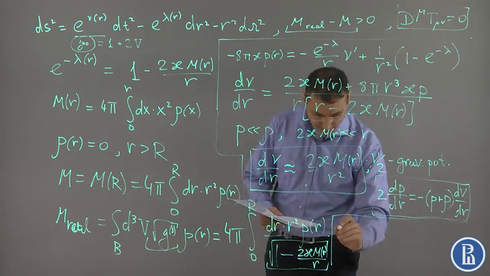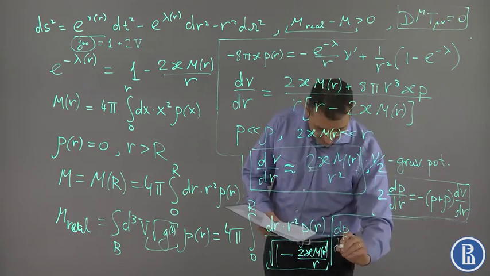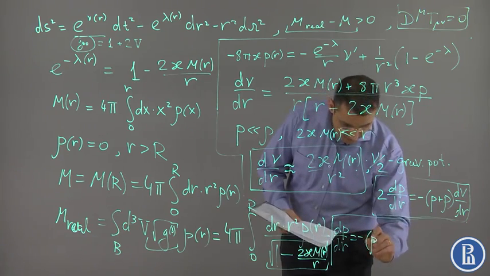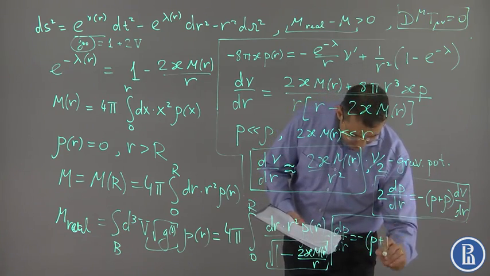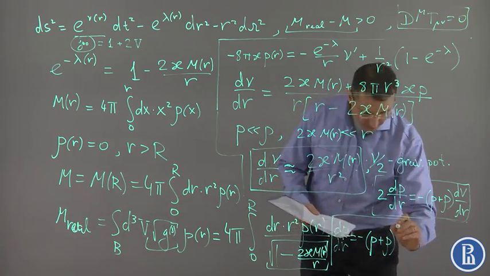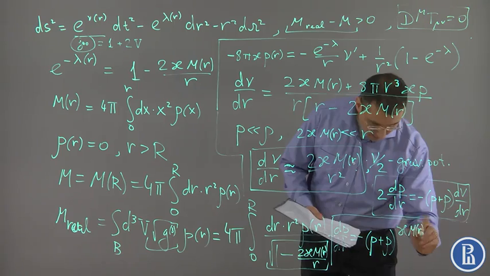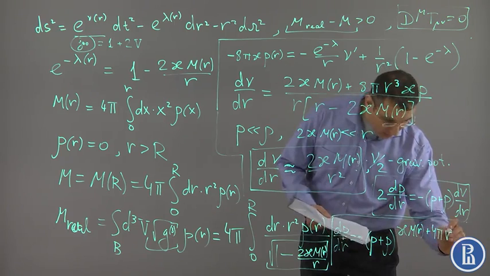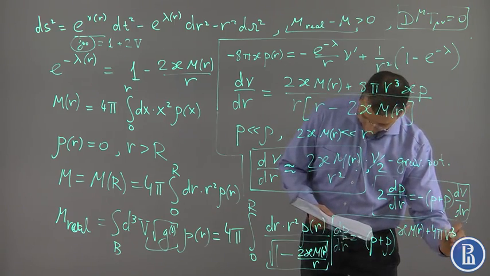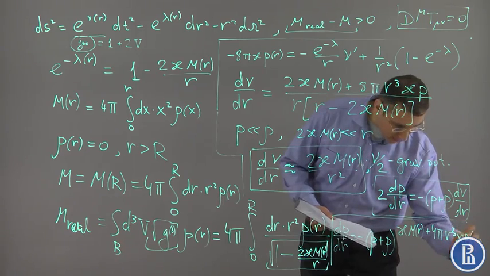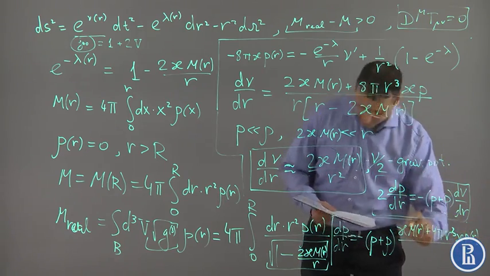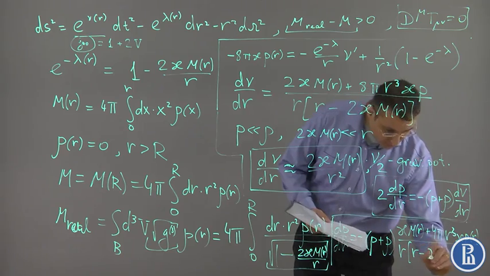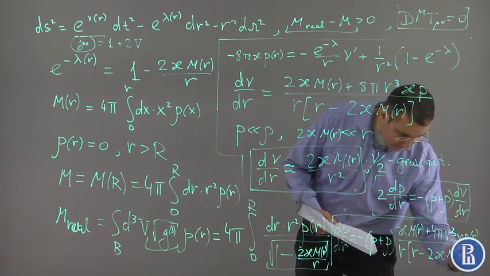It has the following form: dp over dr is equal to minus p plus rho times kappa times m of r plus 4 pi r cube times kappa rho of r, divided by r times r minus 2 kappa m of r.